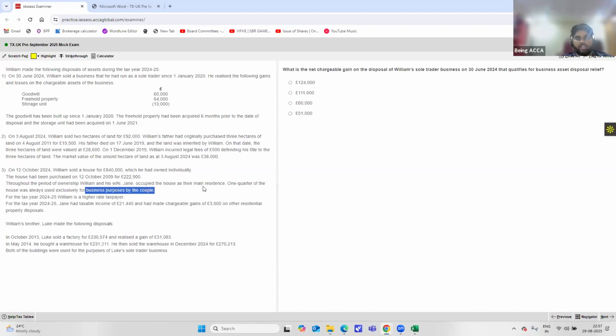Okay. So 3/4 was main residence and 1/4 was business usage. All right. Tax year 24-25, William is a higher rate taxpayer. For the tax year 24-25, Jane had a taxable income of 21,440 and made chargeable gains of 3,000 on other residential property disposals.